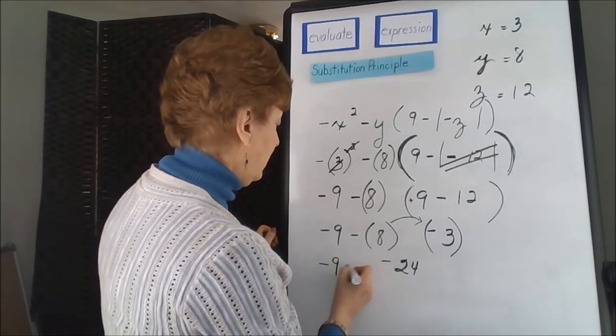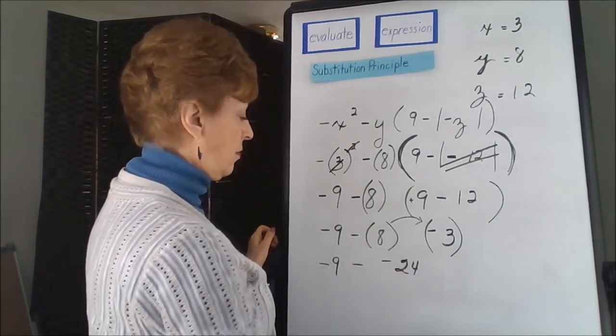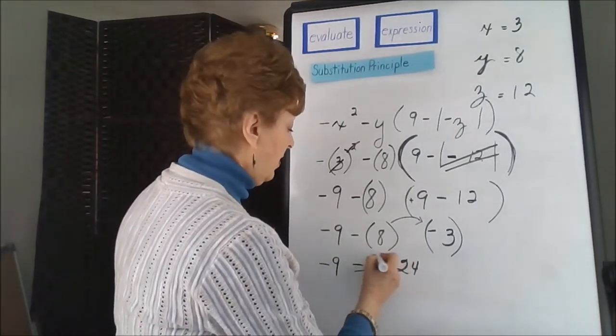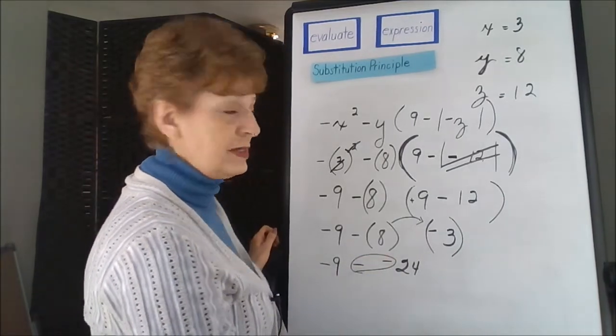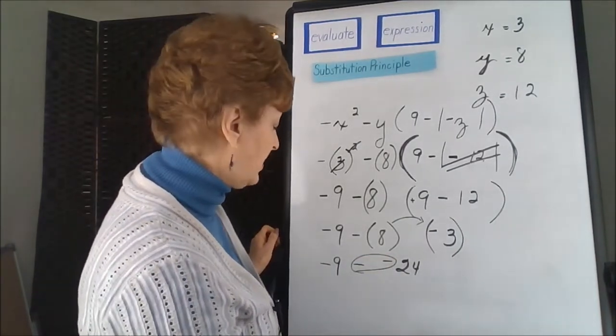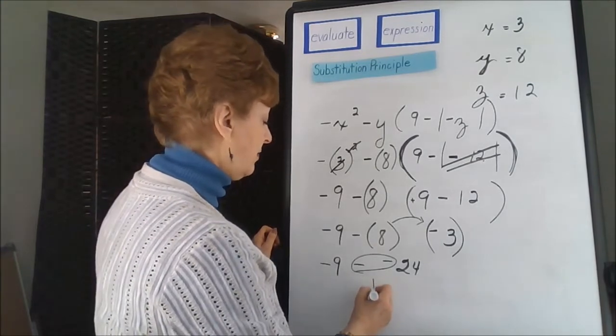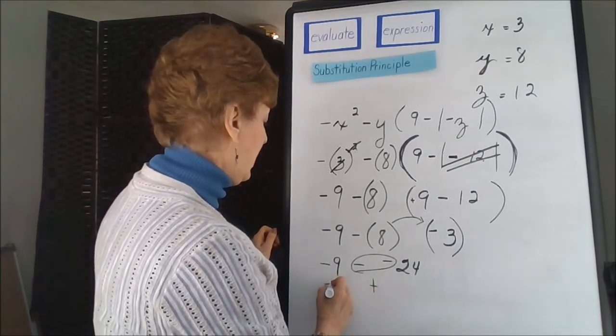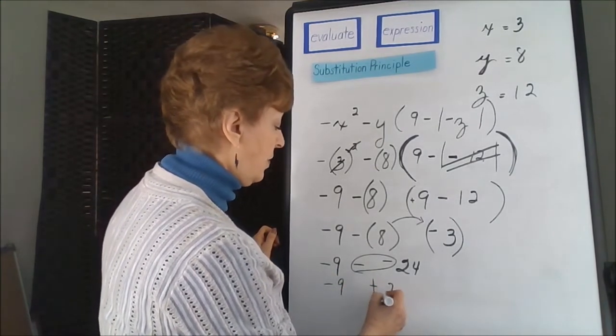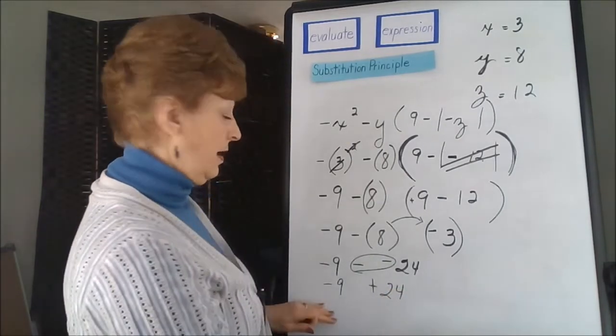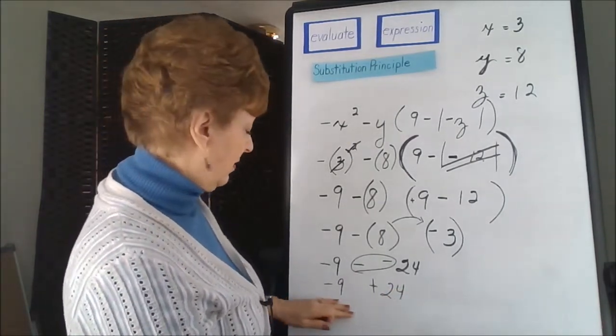Negative 9 minus negative 24. We'll take care of this next. Two signs in a row that are the same turn positive. So now we have a negative 9 plus 24. Finally, we have our last step.